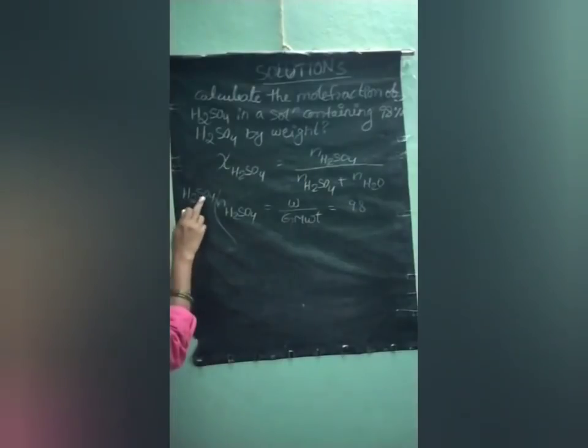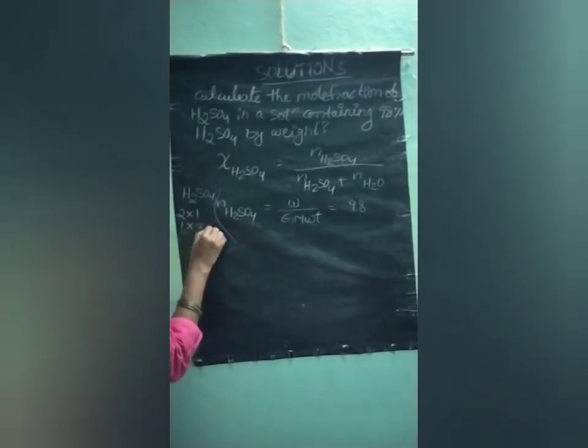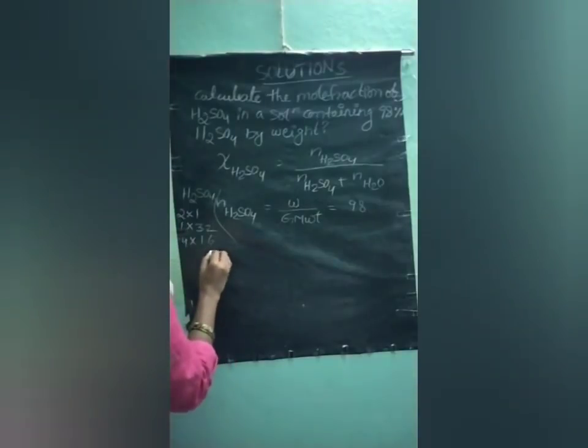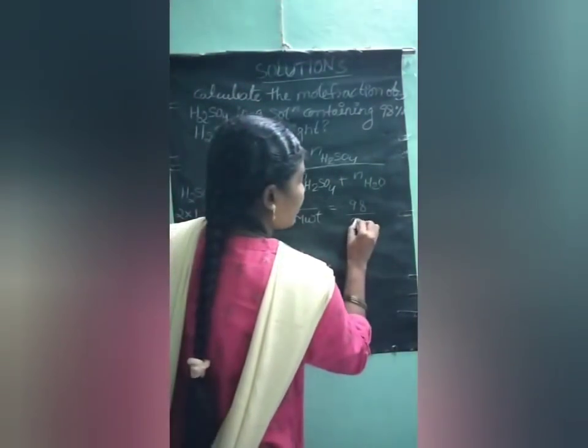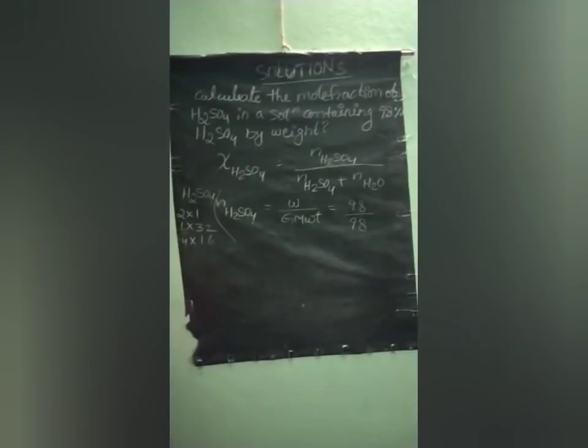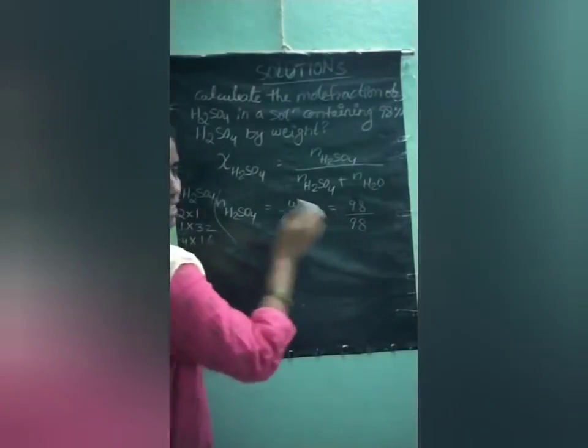Here 2 hydrogens, 1 sulfur and 4 oxygens: 2 into 1, 1 into sulfur atomic weight 32, and 4 oxygens of 16. So in total we get 98. So 98 is the gram molecular weight of the sulfuric acid.